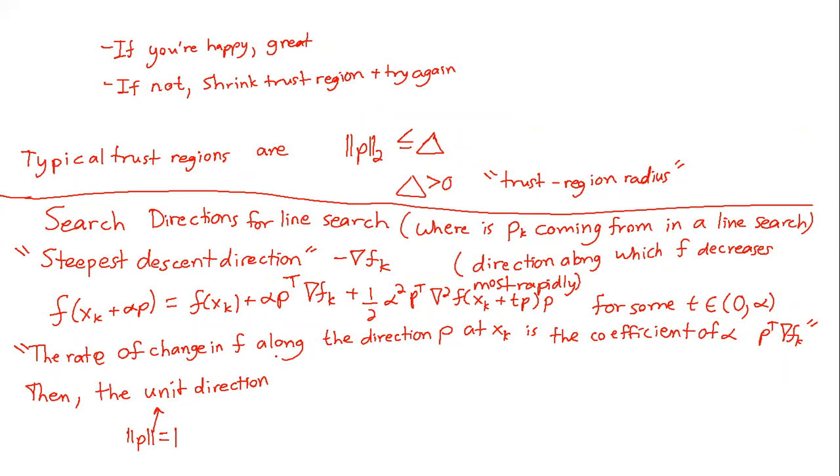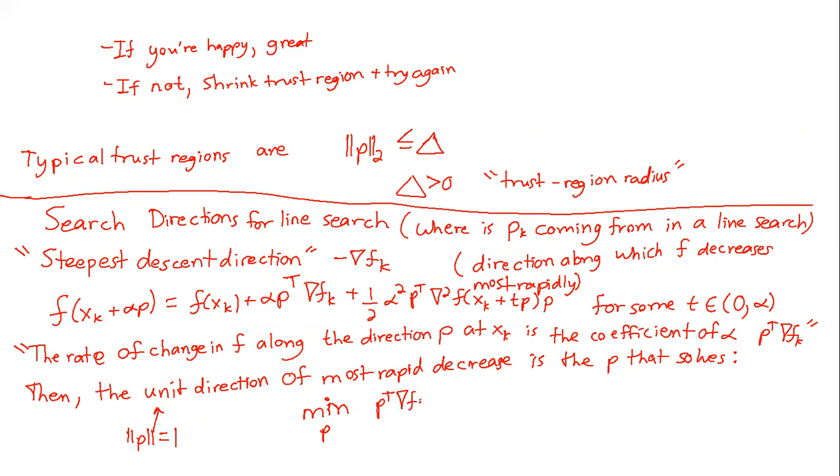The unit direction of most rapid decrease is the p that solves this: the minimum over p of p transpose del fk such that the norm of p is equal to 1.